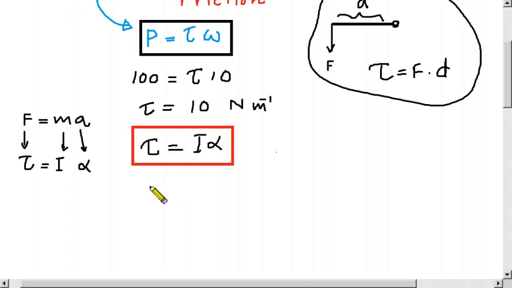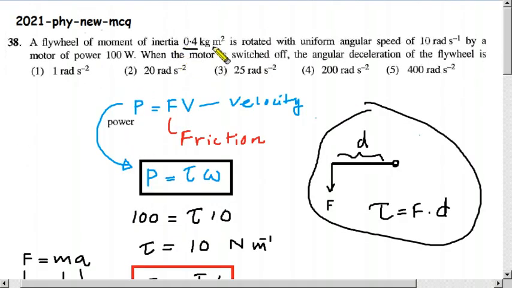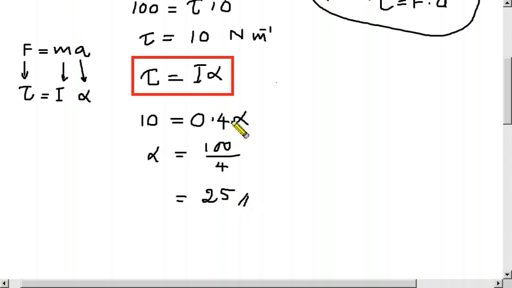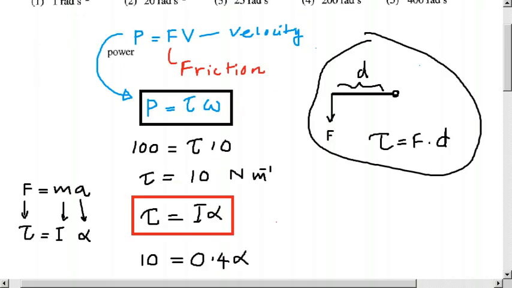Then we know tau. Let us substitute, tau is 10 equals I, also given in the question, 0.4, times alpha. We don't know the deceleration. So alpha is 100 divided by 4, that is equal to 25. Why do we say deceleration? I said at the beginning itself that this one is the friction.